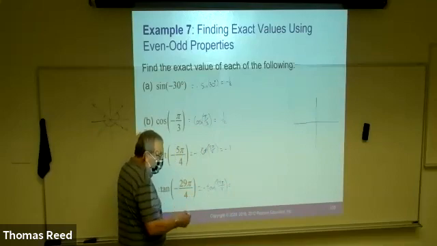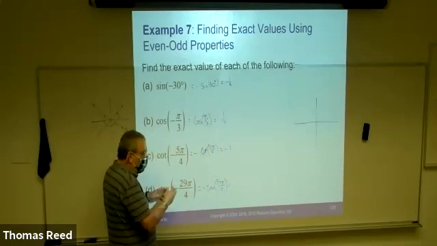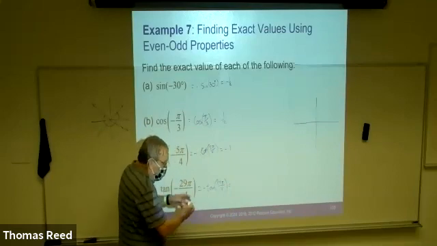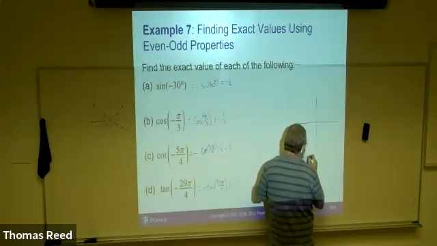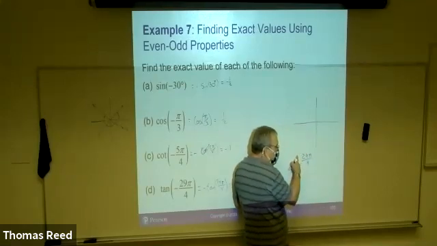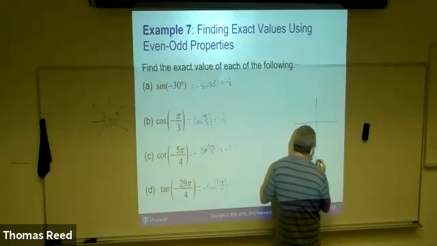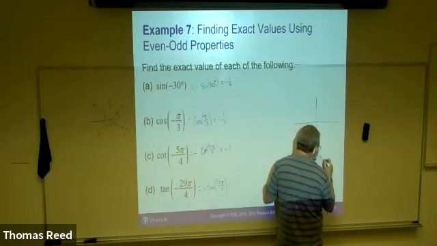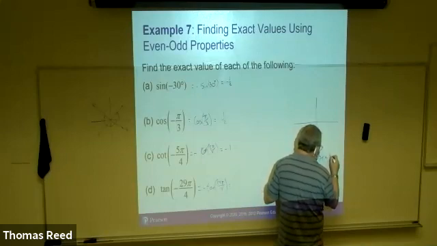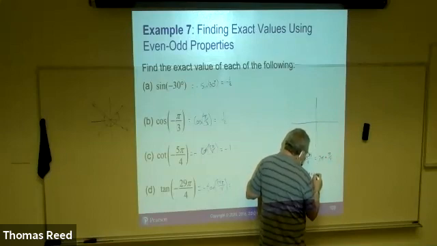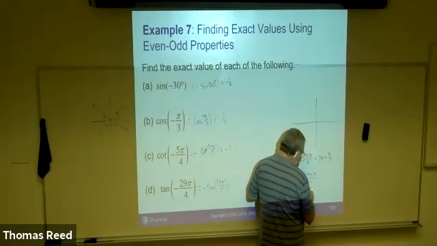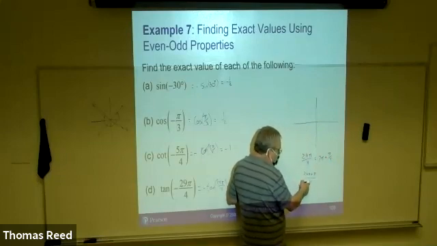If I write this, taking out the full circles and writing that as one part, I have 29 pi over 4. How many times does 4 divide 29 evenly? Well, that's the same as 7 pi plus 1/4 pi, because that's 28 pi plus pi. And 4 can divide 28 evenly, and so that's how I separated them out.